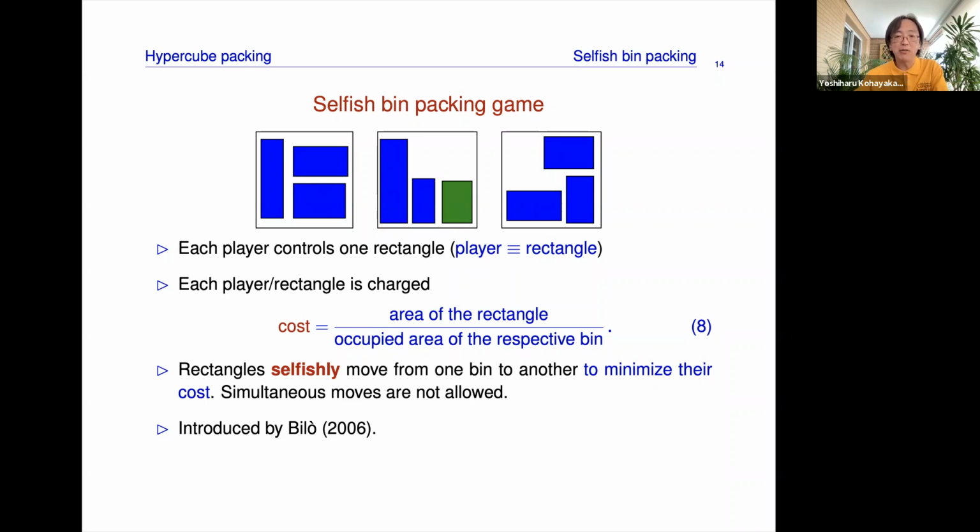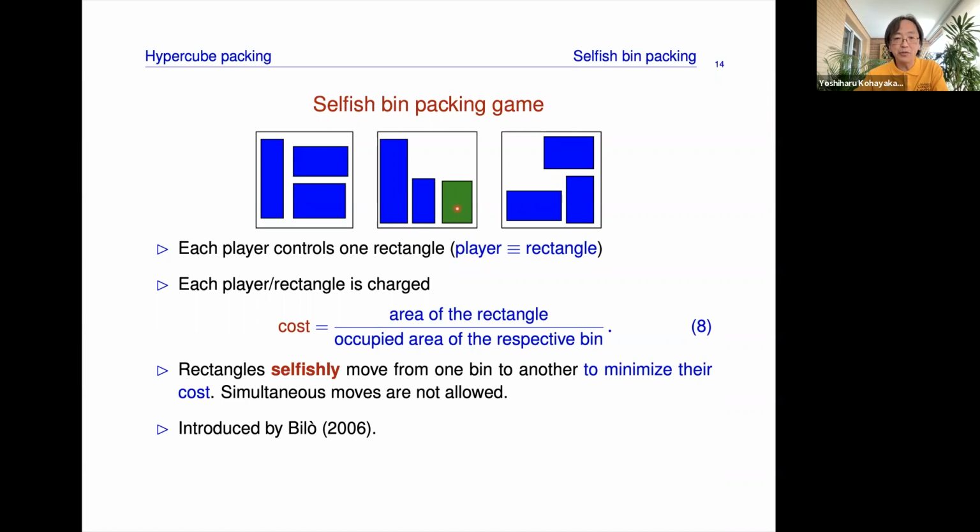But not only that, since this green guy has 2 other blue mates in the bin, they share the cost of this bin. So this bin, let's say, costs 1, right? The green and two blue guys share the cost of this bin. You could divide the cost of the bin by 3, that would be one measure. But the measure I will use is the following. The guys pay proportional to their area.